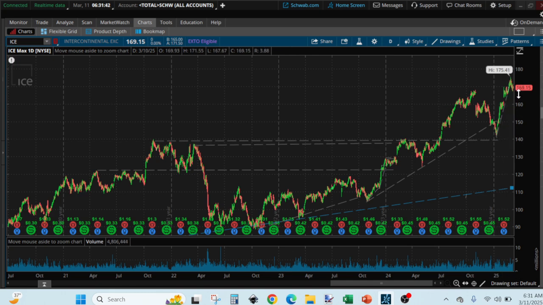But we were observing it before, tracing that resistance line to see if it's going to rest on it. It rests on it and went back up from there. So it's not done going up, but yeah, it's like a $20 difference here.